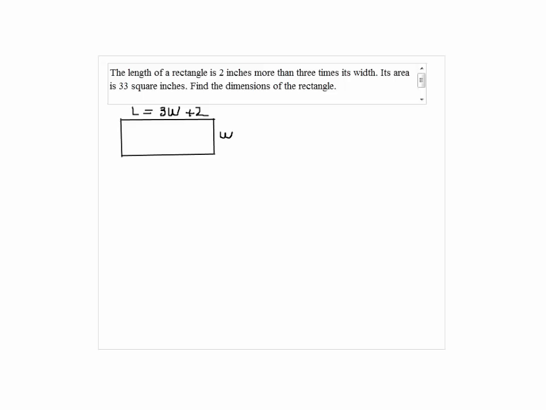So this is the width. The length is 2 inches more than 3 times the width. So it would be 3 times the width plus 2.